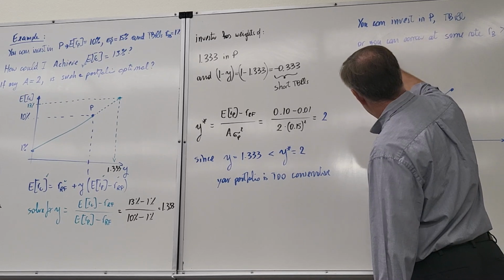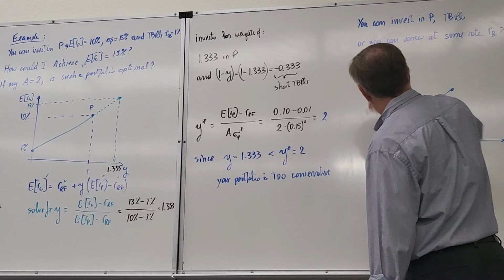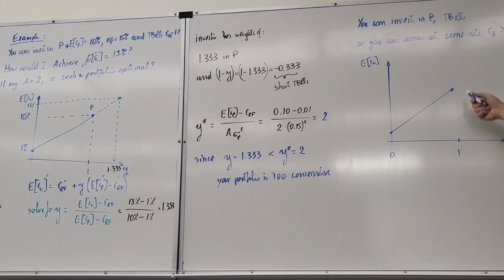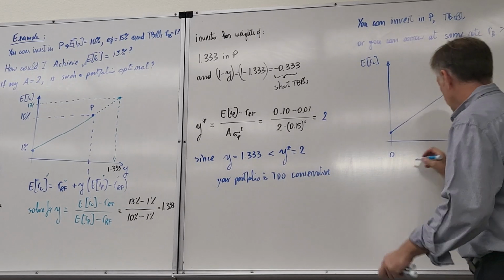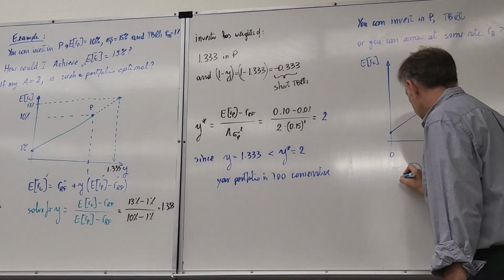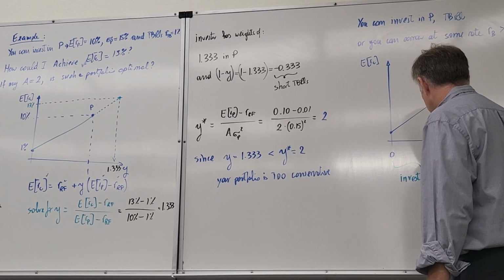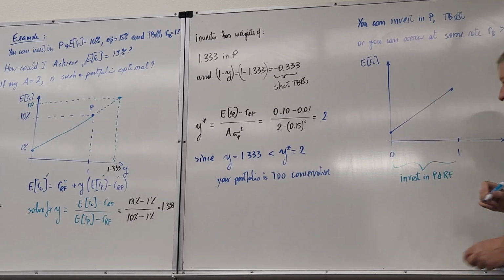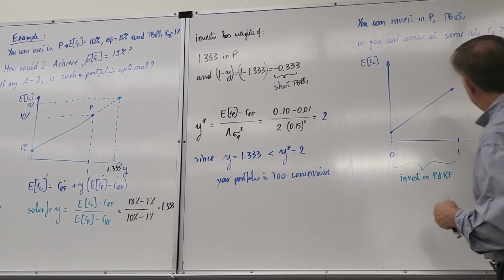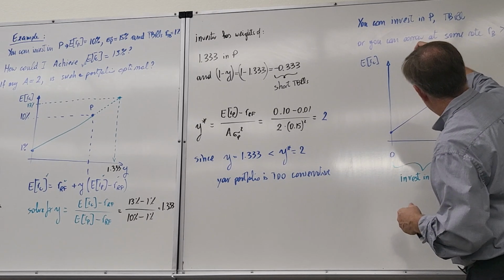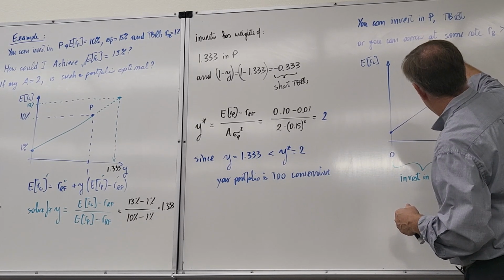These are the expected returns. So in this scenario, if y is between 0 and 1, I'm investing in P and RF, two long positions.